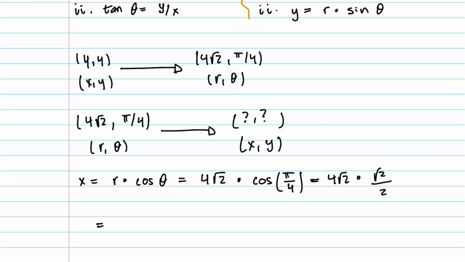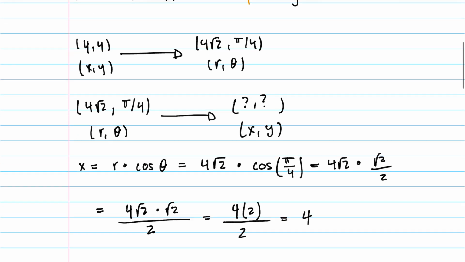You'll have 4 square root of 2 times square root of 2 all over 2. If you simplify that, the square root of 2 times the square root of 2 is just 2, and you'll have a 2 in the denominator. Notice that you have both the 2 in the numerator and denominator, and through number properties, they cancel each other out. What you're left with is 4. All right, so this takes care of x.